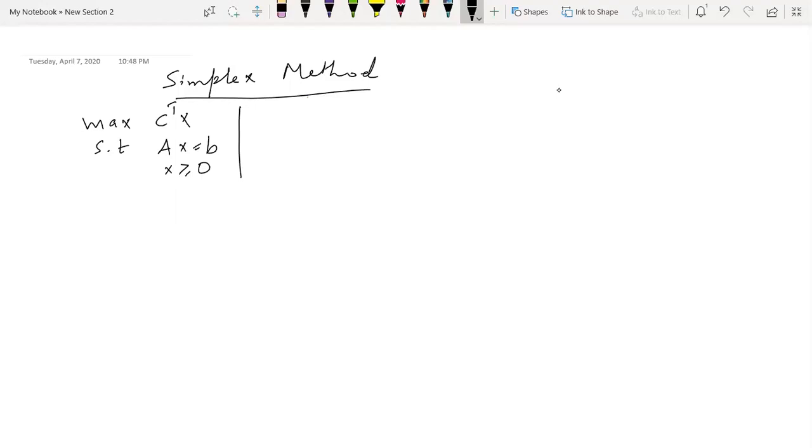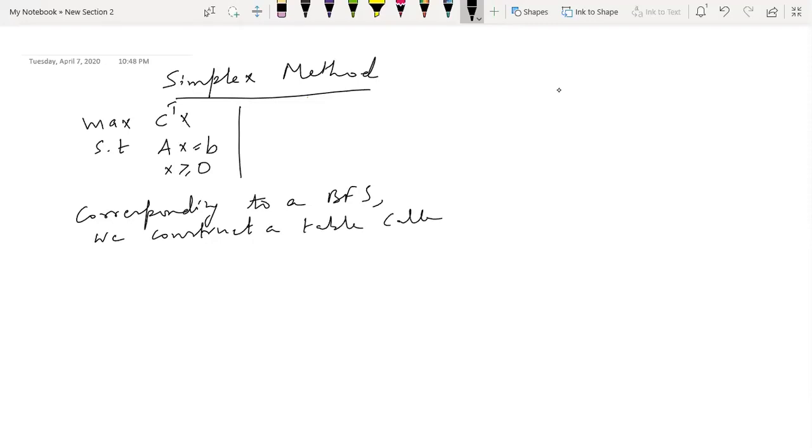So typically, corresponding to a BFS, we construct a table called the simplex table.